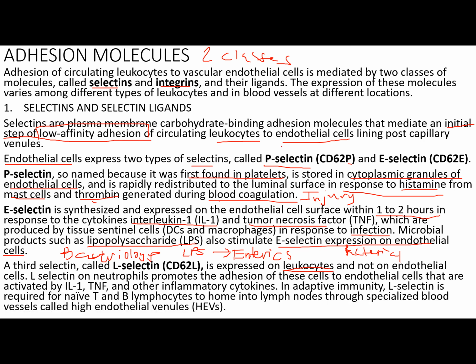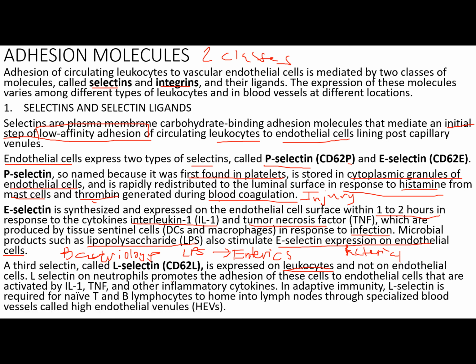If you are asked in the exam what type of selectin is found on the surface of leukocyte, your answer is L-selectin. If you are asked what selectin is found on the endothelial surface, your answer would be P-selectin and E-selectin. This CD62L or L-selectin is expressed on leukocytes and not on endothelial cell.